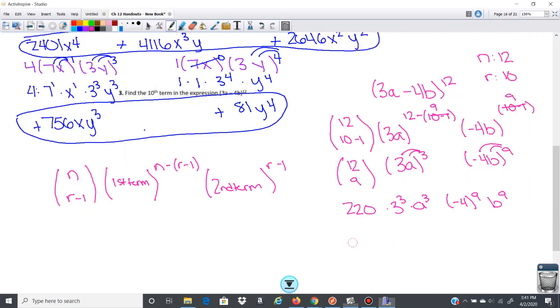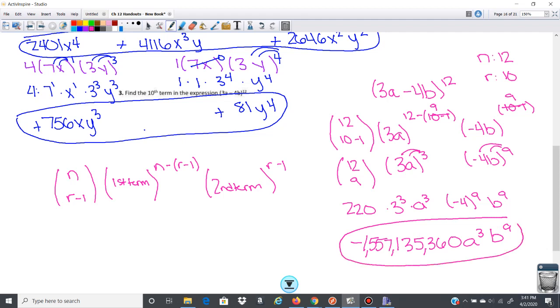So it's -1,557,135,360. And then you have a cubed, b to the 9th. So let's see. Yeah, 1,557,135,360, a cubed, b to the 9th. And that is the right answer. I did this one the other day as well.